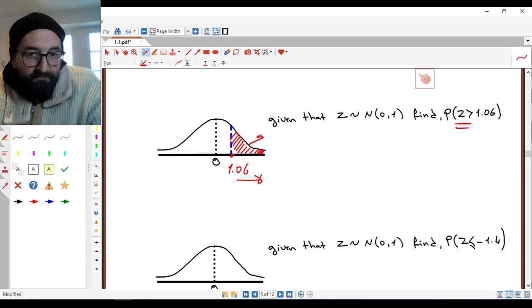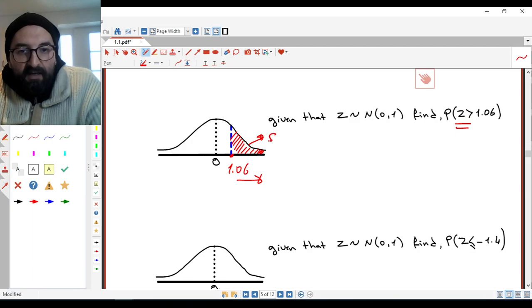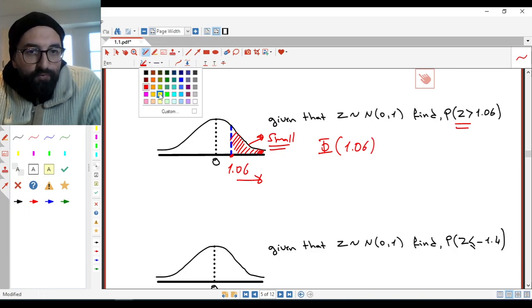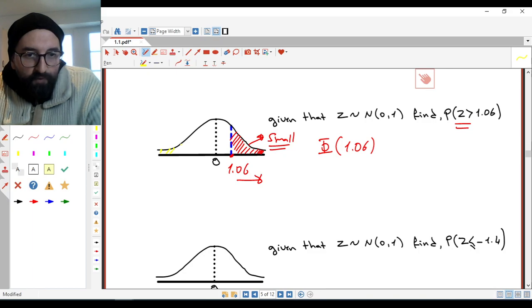This area, as you see, this small area. If you look at the z table, and if you find the 1.06, you find the big area. So the big area is yellow area.